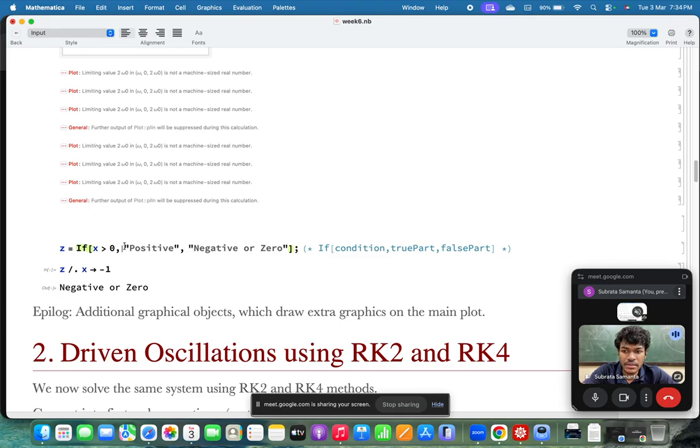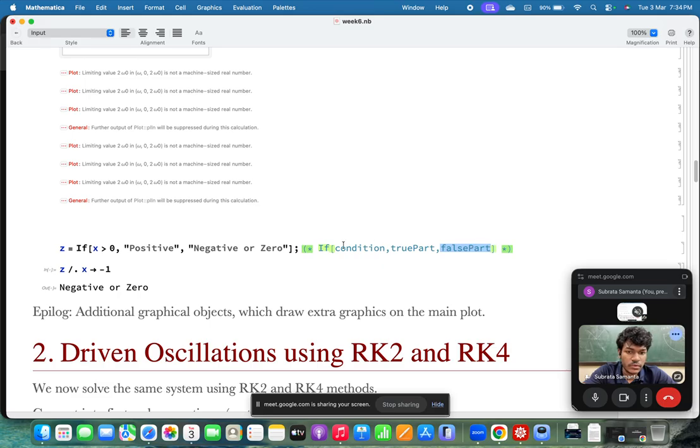The structure is basically: if we have some condition, and if the condition is true, it returns the true part, and if the condition is false, it returns the false part.